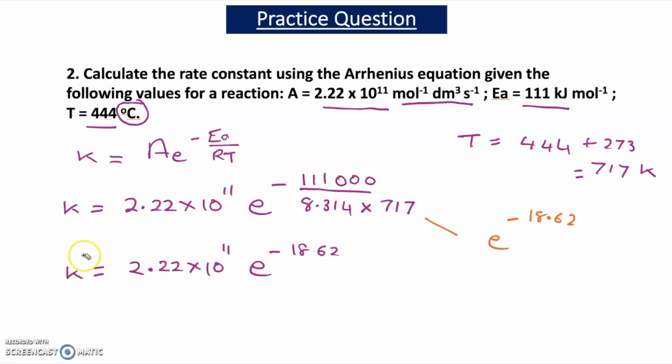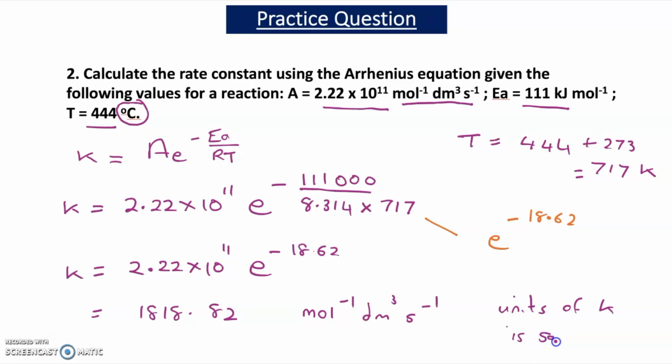And if you put these values into the calculator, you will have a value for k equal to 1,818.82. And we have to include units here, so the units for k are the same as the units for A, so therefore the units are moles to the minus 1, dm to the 3, seconds to the minus 1. And you have to remember that the units of A are always the same as the units of k.